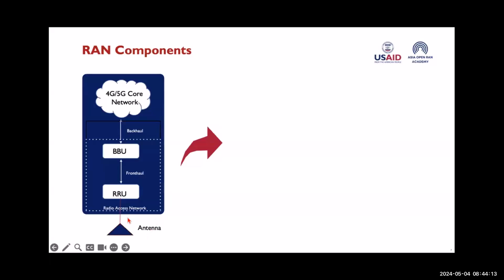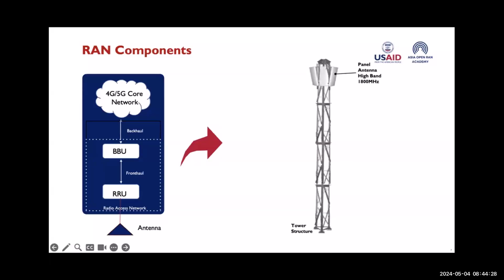What happens in 5G and Open RAN is we are separating the BBU into the centralized unit and the distributed unit. Now, if you look at this on a physical component, you have the tower and the antennas. You have different sets of antennas, depending on your equipment and your frequency. Same thing with your radio unit.